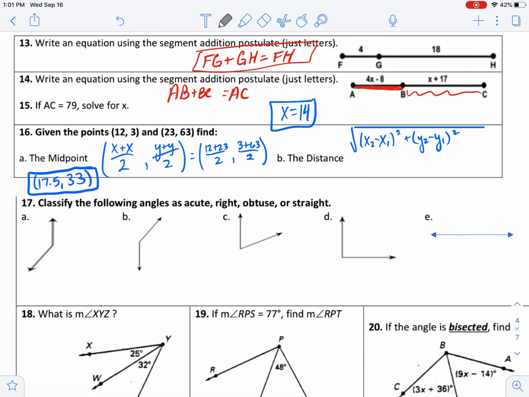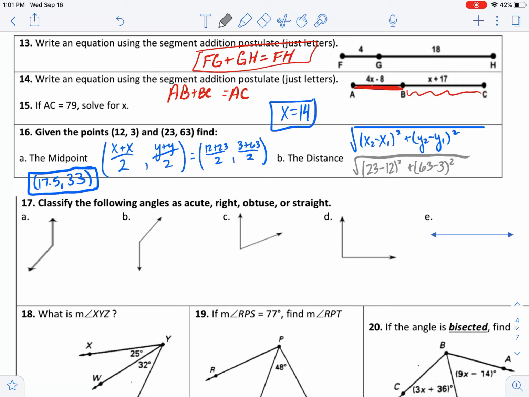I'm going to fill this out as square root of, let's say 63 minus 3 squared, and that would be my y's. So 63 minus 3 squared and 23 minus 12 squared.